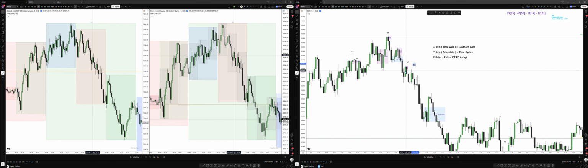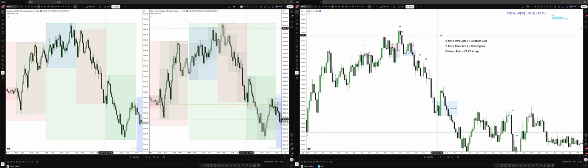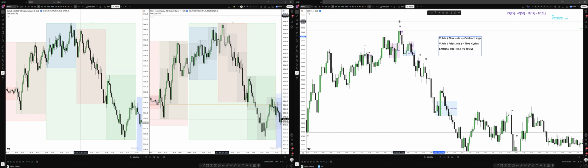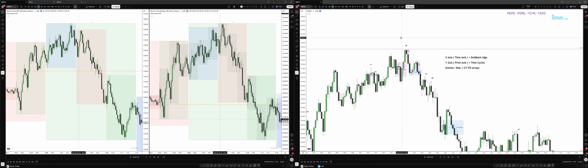As long as one of these three candles has a 47 in it, it counts as a 47. As long as that swing has a 35, either this candle or this candle, it counts. Okay, so we have the 35 here at the high.